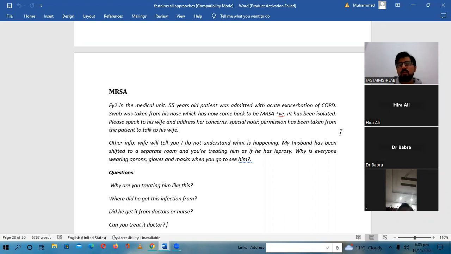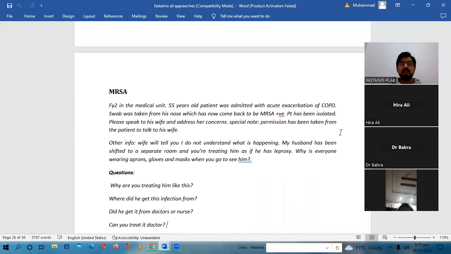And she might be asking, why have you shifted him to a separate ward? So you have to tell her that, unfortunately, it can spread to others. That's why your husband has been shifted to another ward. That is the ward where we manage people with the MRSA bug. And we have nurses and staff over there who know how to treat and restrict this bug from transmission to other patients.